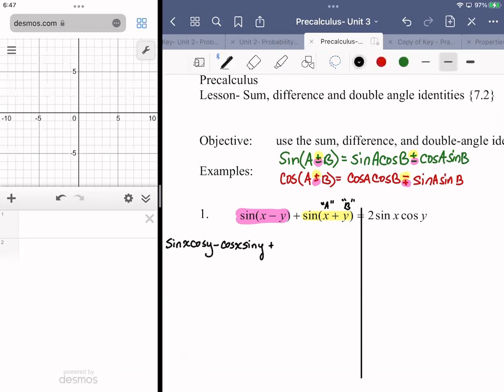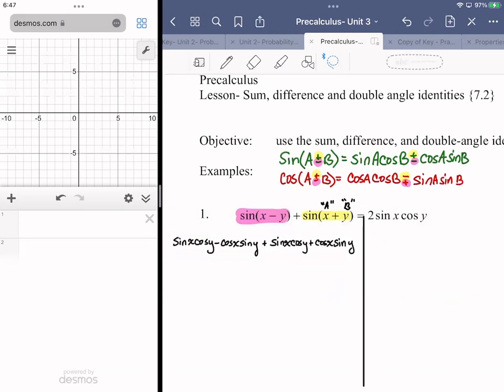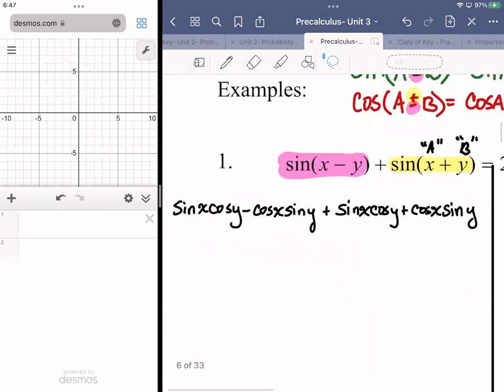So I'm looking at sine x cosine y plus cosine x sine y. And believe it or not, we're pretty much done.